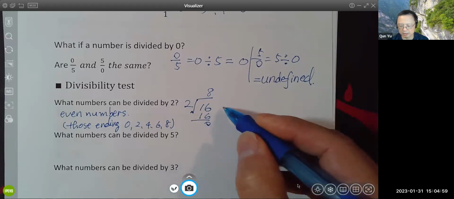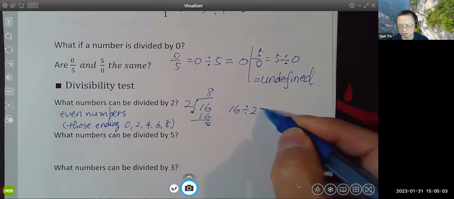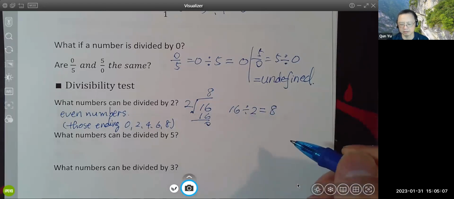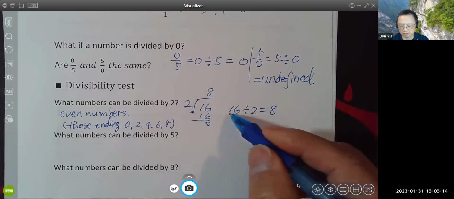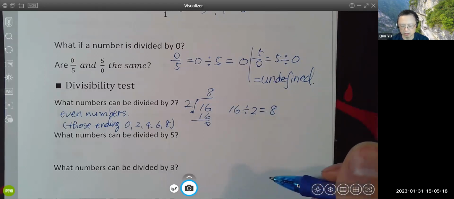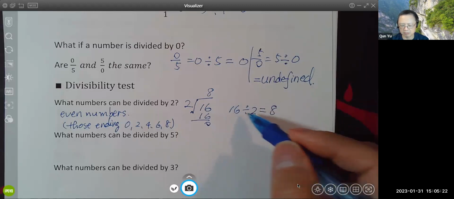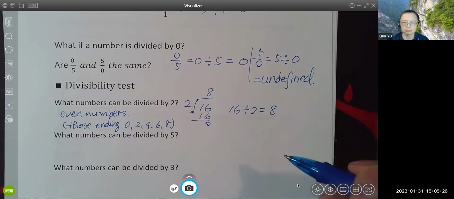So we can write this division as 16 divided by 2 equals 8. There are 8 twos in 16. We divided it evenly. So what is 8? 8 is a multiple. How many 2's in 16? 8 of them. 8 multiples of 2. So that's why even numbers can be divided by 2, because all even numbers are multiples of 2.